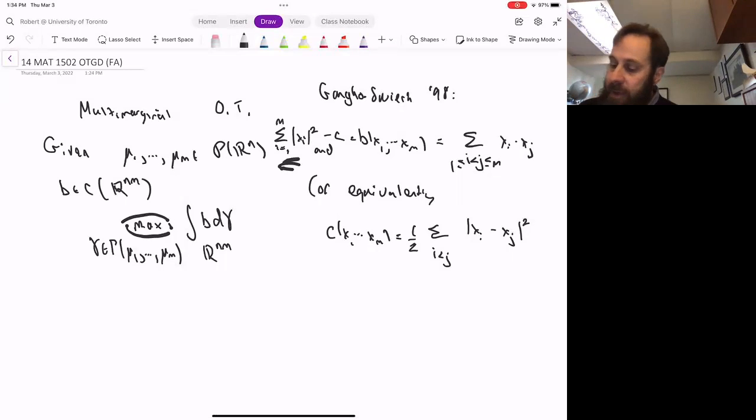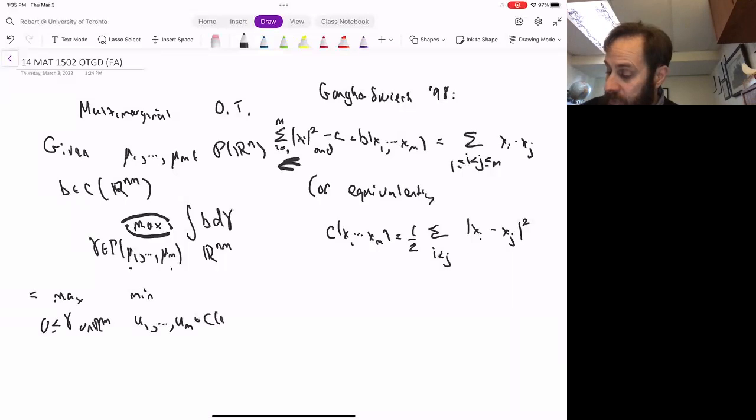Of course, there's a dual problem to this, analogous to the Kantorovich dual problem. The way to find it is to think of these as marginal constraints, and introduce a Lagrange multiplier for each marginal. So I could think of this as the maximum over gamma non-negative on R^(mn), and then a minimum over Lagrange multipliers u_1 up to u_m, which are continuous functions on R^n.